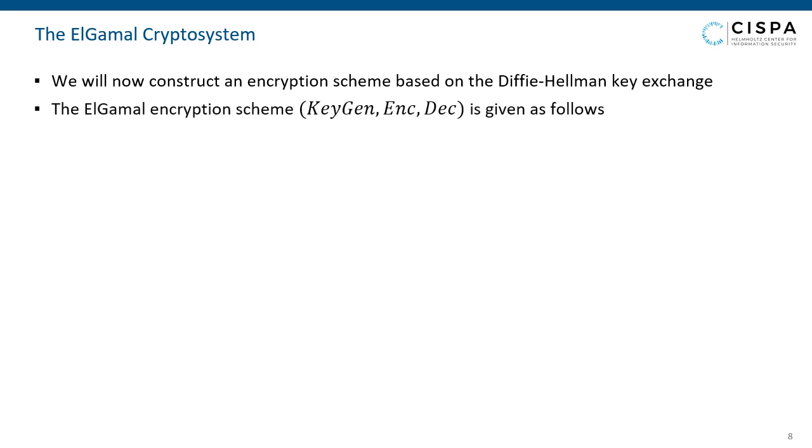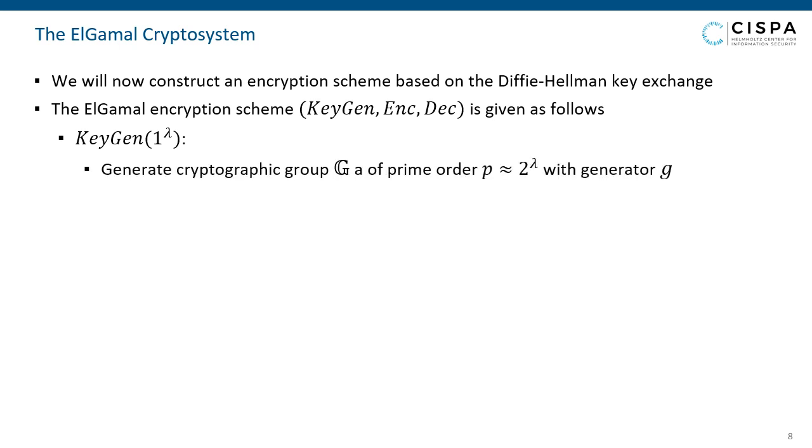The El Gamal encryption scheme, (KeyGen, Enc, Dec), is provided as follows. So what does KeyGen do? First, we generate a cryptographic group G of prime order p, where p is roughly of size 2 to the security parameter, and with a generator g.